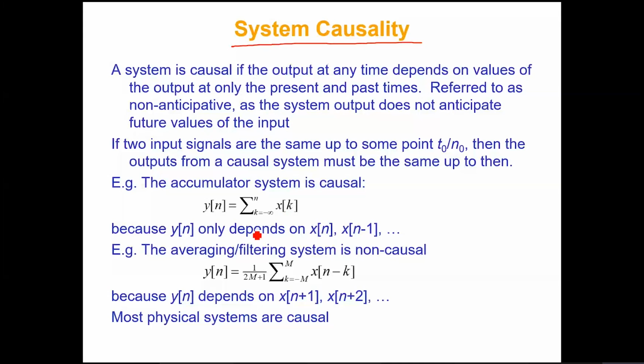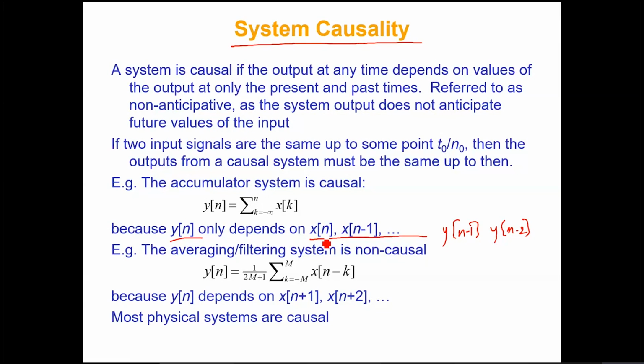So this is what is shown right here, that your output y of n will depend on the present and previous inputs. Here we are talking about inputs only, but even the previous outputs are good enough. That will still keep the system causal. We don't want any n plus term in your difference equation.